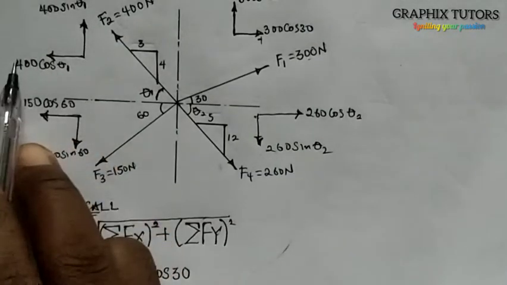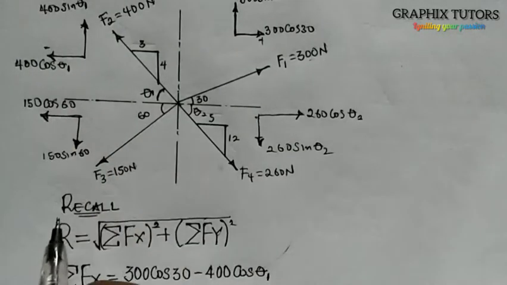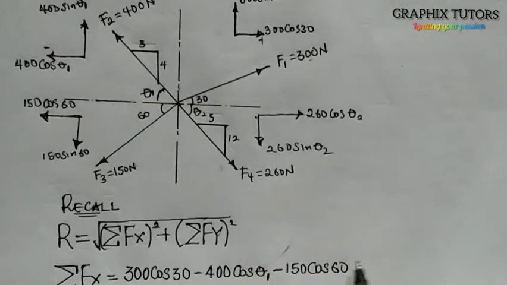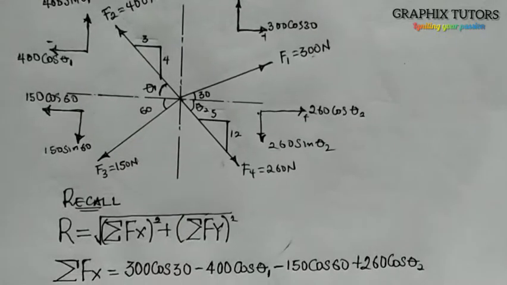Any force acting towards the left is what? Negative. So we have minus 400 cos theta 1, because the angle theta 1 is not given. Also this is facing left, so minus 150 cos 60. This is facing the right, this is what? Plus. We have plus 260 cos theta 2. So this is what we have, right?